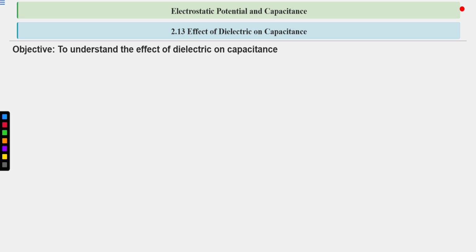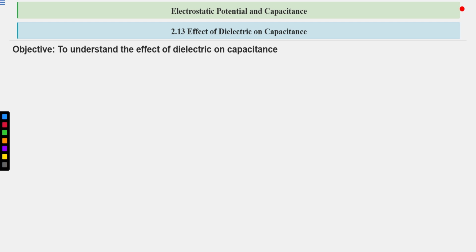Now, to understand the effect of dielectric on capacitance: so far we have discussed only the capacitance of a capacitor with vacuum between its plates. Now we will consider the effect of dielectric. We have already studied polarization in dielectric, the behavior of dielectric in the external field.